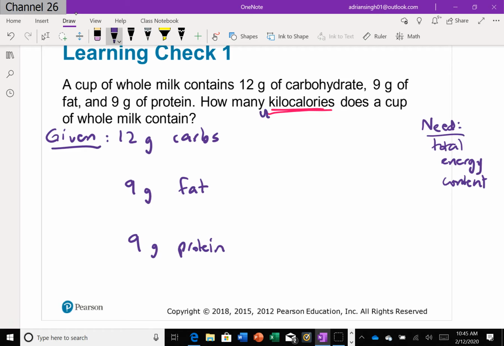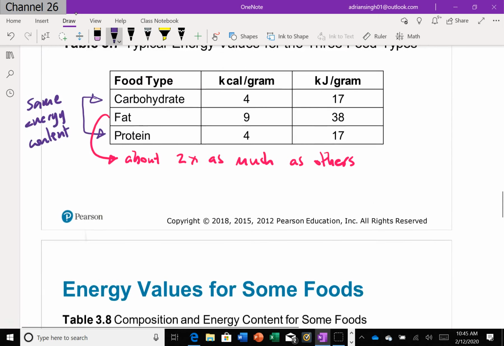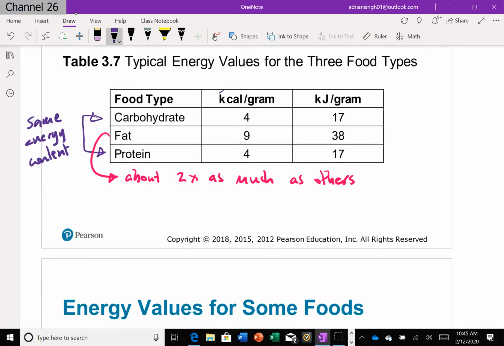So we're going to use the energy content for each of those 3 types of food. And that's our energy content here. We're asked for kilocalories. So we're going to take those and use them as conversion factors in our calculation.